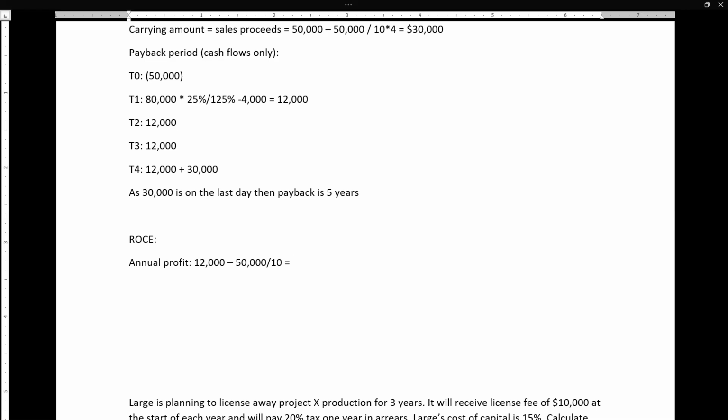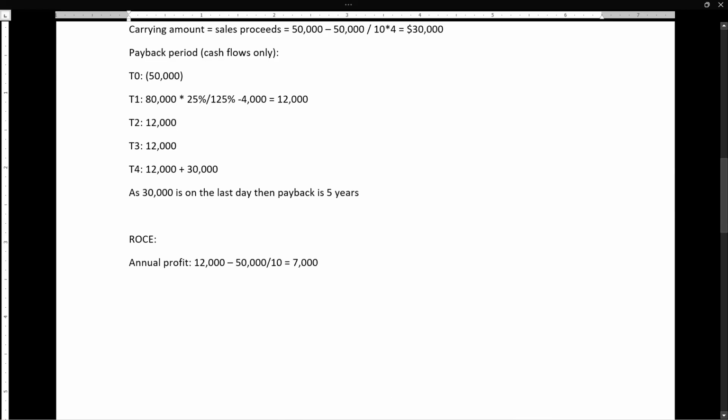And this would mean that annual profit is 7,000. So the annual profit of 7,000 is repeated for 4 years. So 4 years' worth of annual profit would be 7,000 multiplied by 4. So that is 28,000.